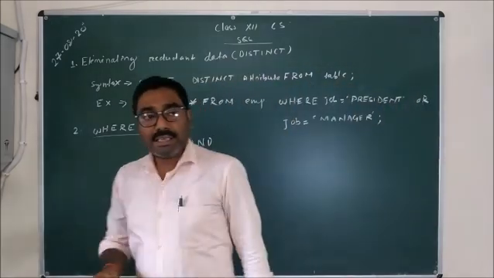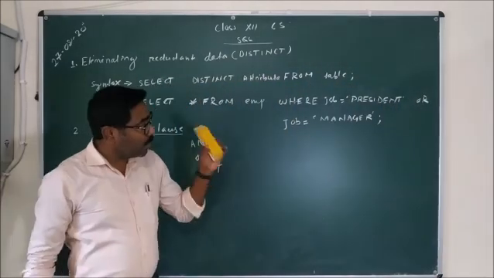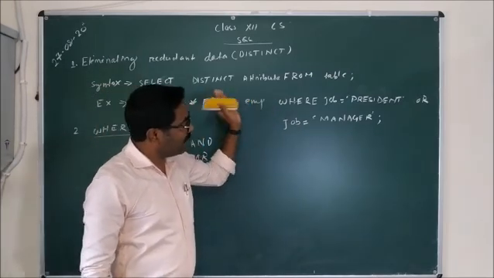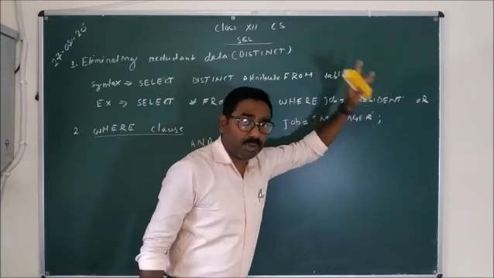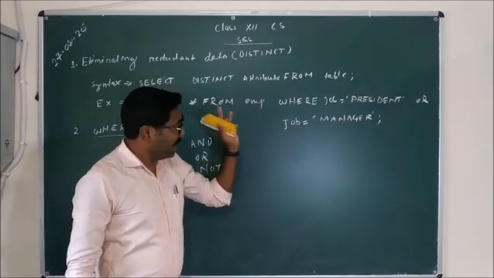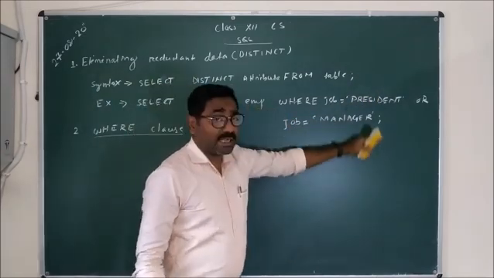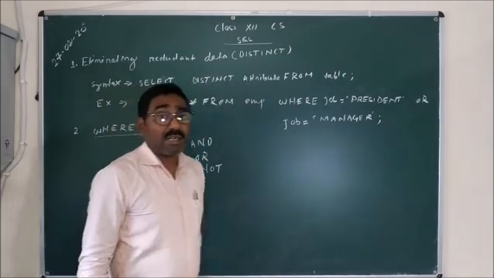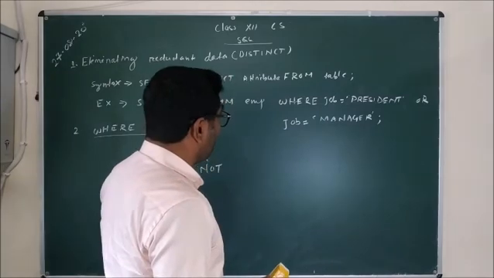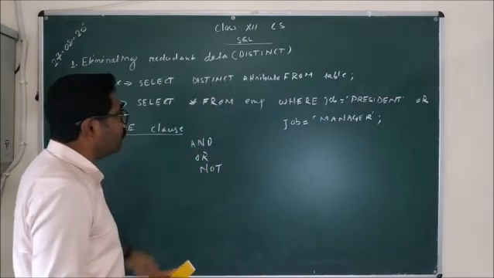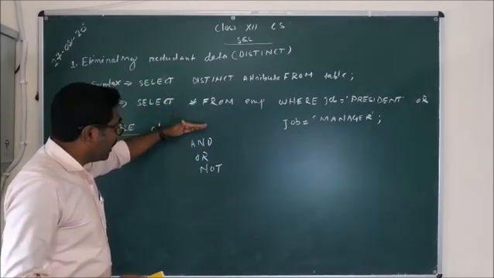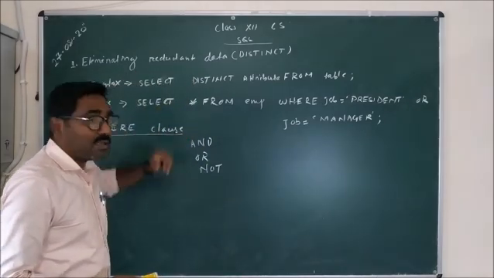In this case, if any one condition is satisfied, that means if the job is equal to president, then it will display the record. If the job is equal to manager, in that case also it will display the record. So these are the two logical operators: one is AND, another is OR.